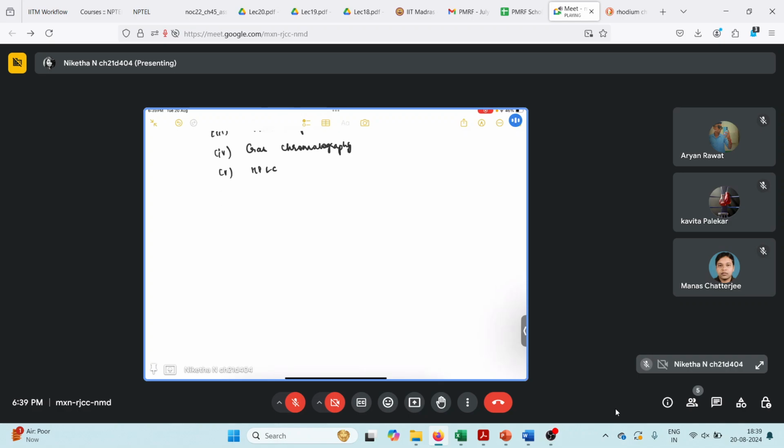So in water, mainly we measure dissolved oxygen, BOD, COD, total solids, and volatile solids and all. So can someone quickly tell me what is the saturated dissolved oxygen concentration in water at 25 degrees?